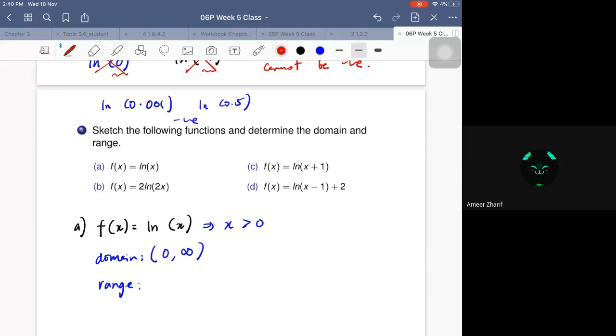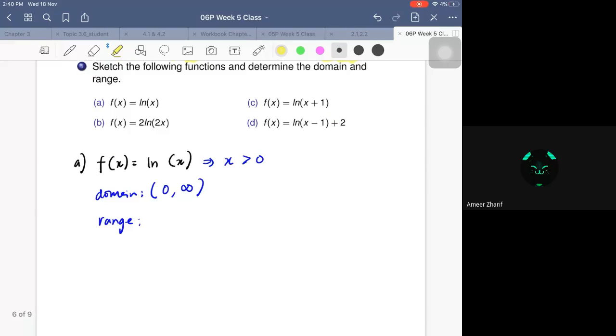And if you were to find, for example, log of 2 or log of 3, they are going to give you a positive value. So the idea I want to deliver here is that when you log a number, it could be negative and it could be positive. There's no restriction, which is why the range could be any value from negative infinity until infinity.